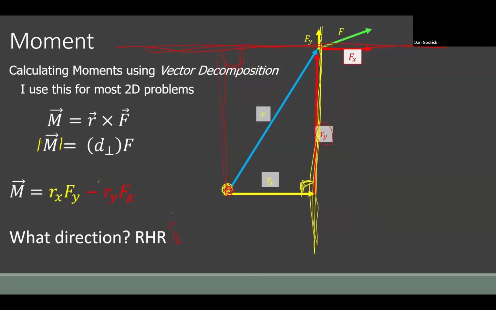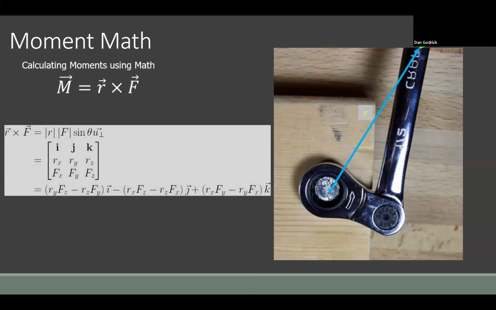And so let's just see, when we do the math, does it work out? So if we do R cross F and R is positive in both directions and F is positive in both directions, well, how does that work? Well, if it's just in two dimensions, we know that Rz is zero and Fz is zero.